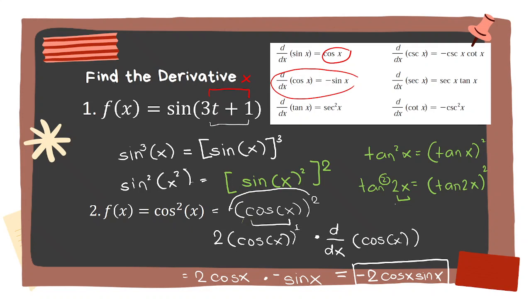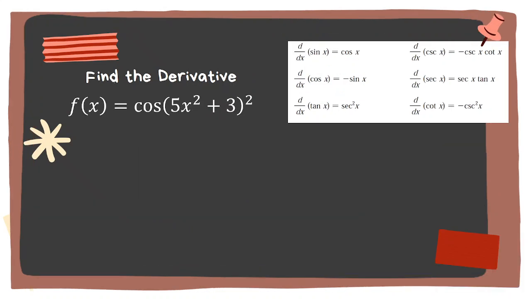Okay, next problem. Now, we need to get the derivative of cosine of 5x squared plus 3, squared. O sir, paano naman ito? So, tandaan mo ulit, Mr. Yaya, na magkaiba ang cosine squared x sa cosine x squared. Yung naka-square dito, Mr. Yaya, is the whole function. So, ibig sabihin, ang naka-square ko talaga is si cosine x.